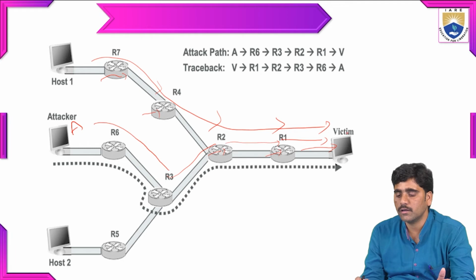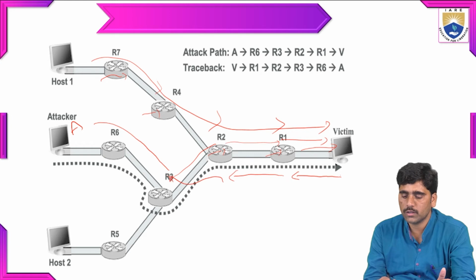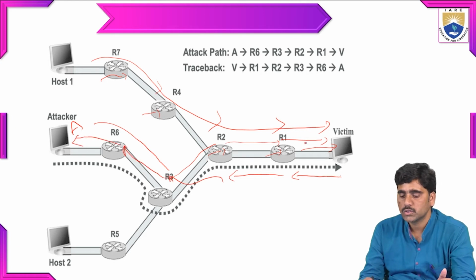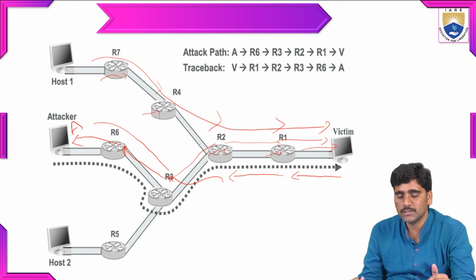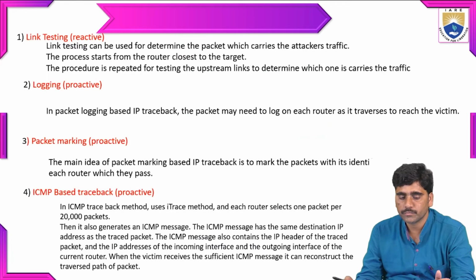After reaching the server, the reactive mechanism applies: from the victim to router 1, router 2, router 3, router 6, to the attacker. That is identifying the source of the packet we are receiving from.